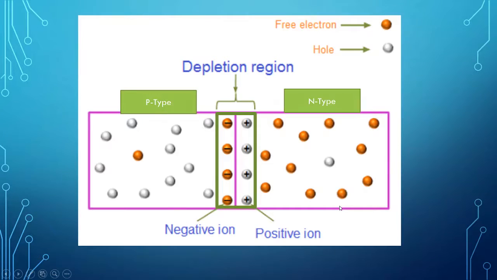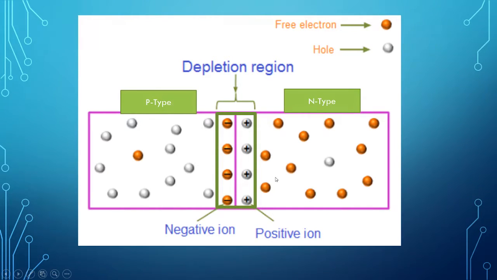When we combine these two, electrons move towards the p-type holes, and they gather there.